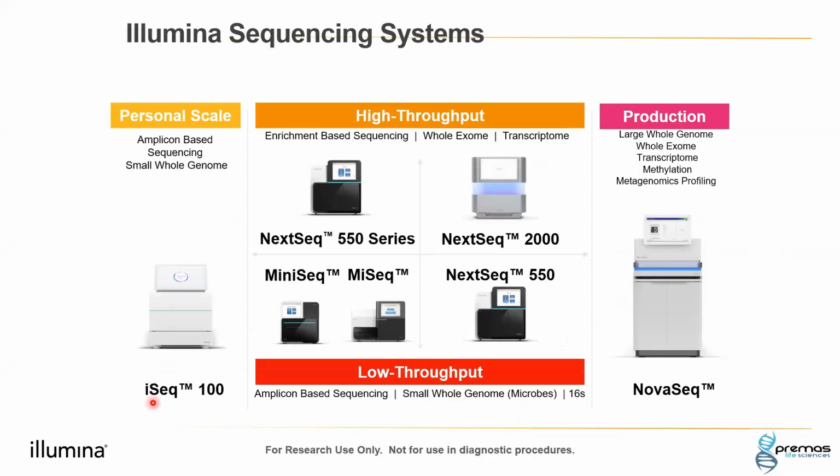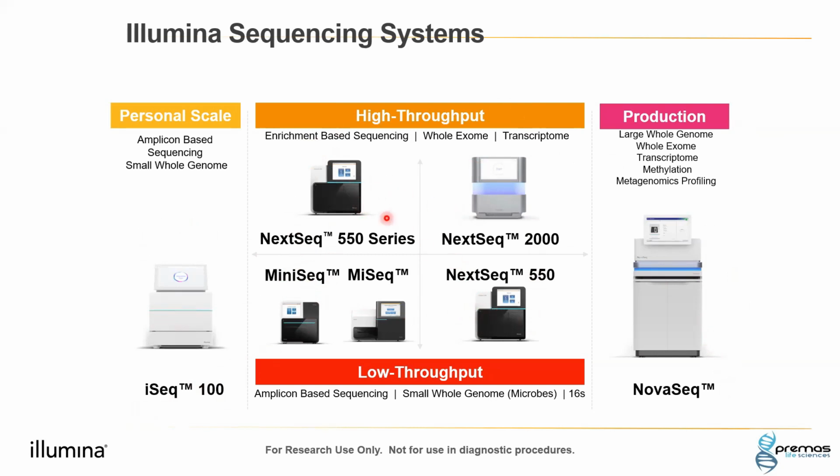It starts from the smallest machine, iSeq 100, to our biggest machine, NovaSeq. This one generates around 1 GB of data, and this one generates around 6,000 GB of data. In between, we have the benchtop machines: MiniSeq, MiSeq, NextSeq.